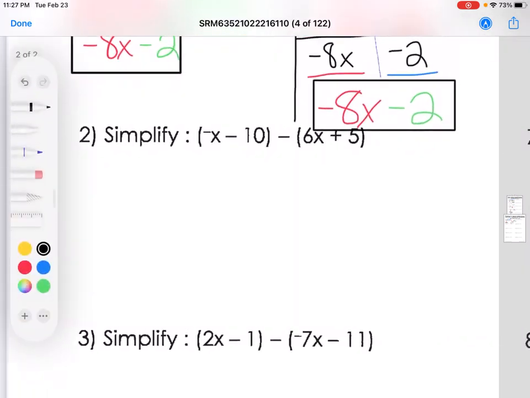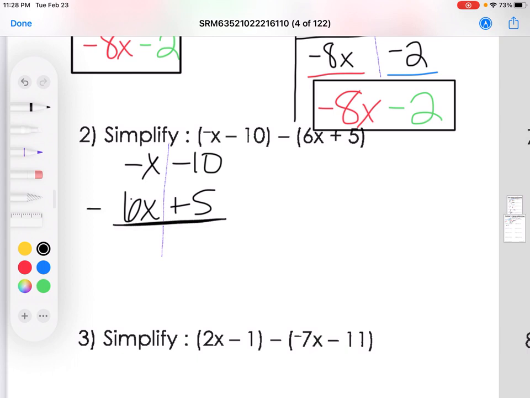So number 2, I have negative x minus 10, and then I have 6x plus 5. And again, I'm subtracting these.